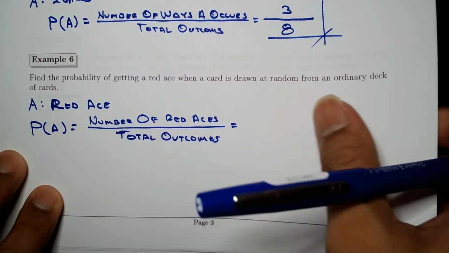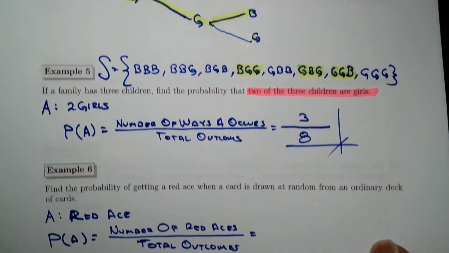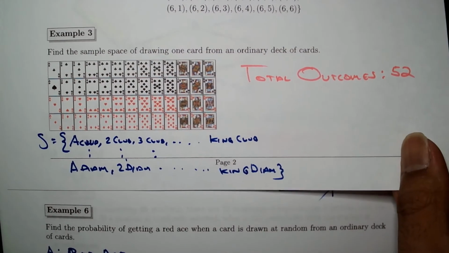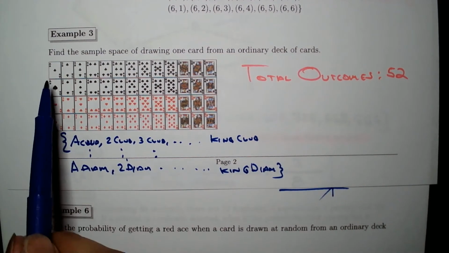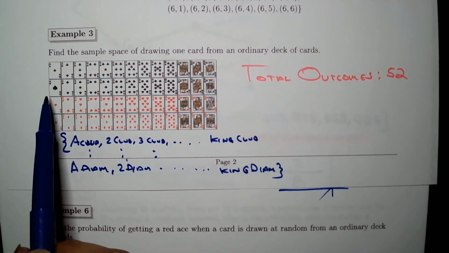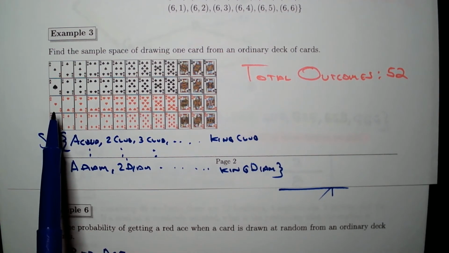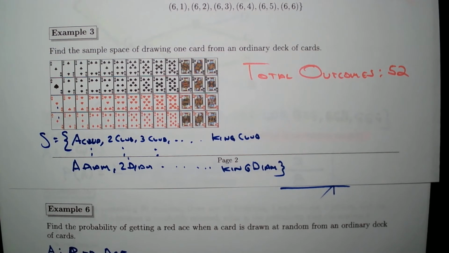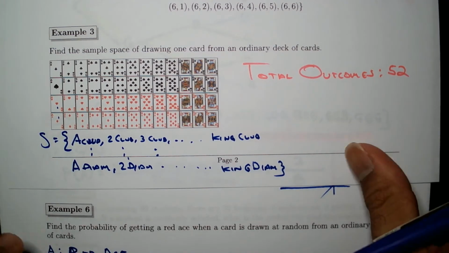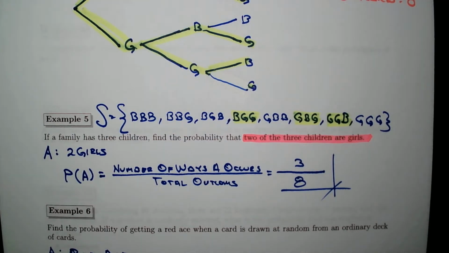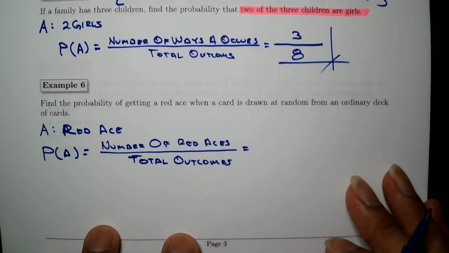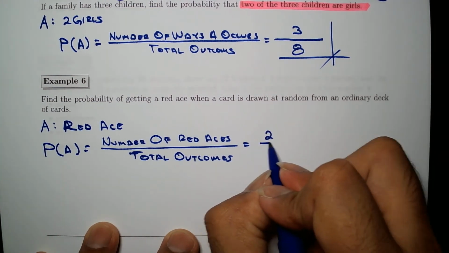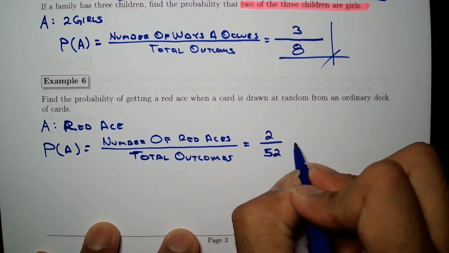So how many red aces are there in the deck of cards? Well, let's look at the aces. They're the first right here, the first column in the picture. And I have 1, 2 red aces. I don't care whether they are hearts or diamonds. They're not being specific actually. Okay, so in this case we have 2 red aces divided by 52 cards.